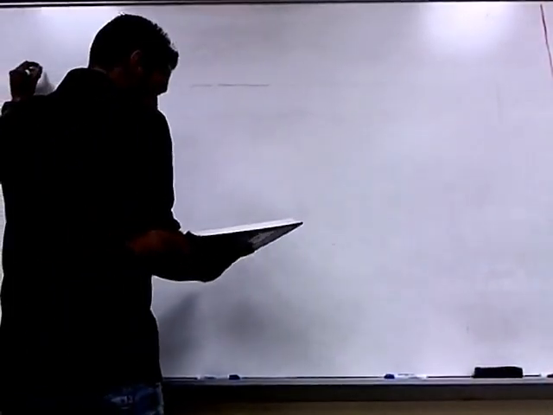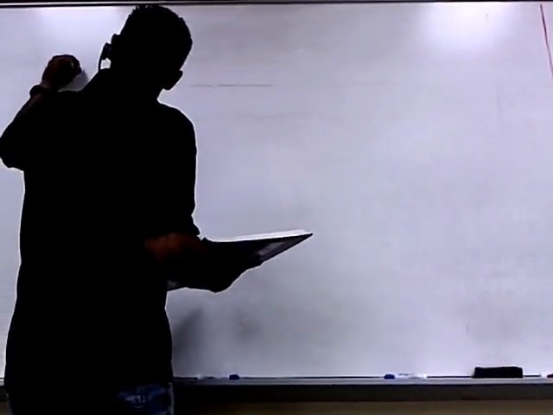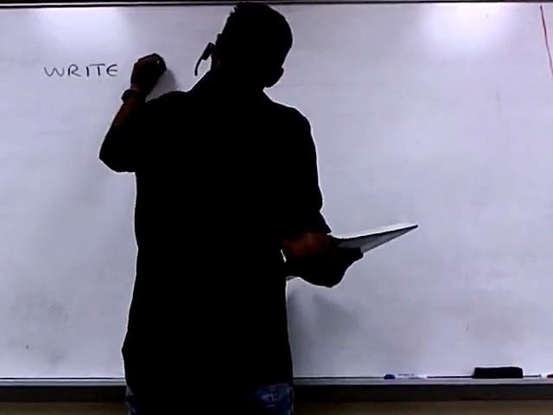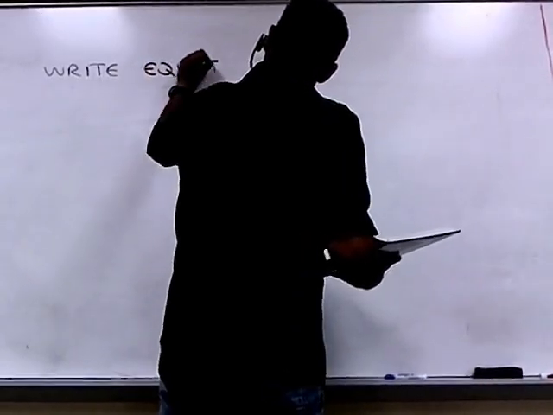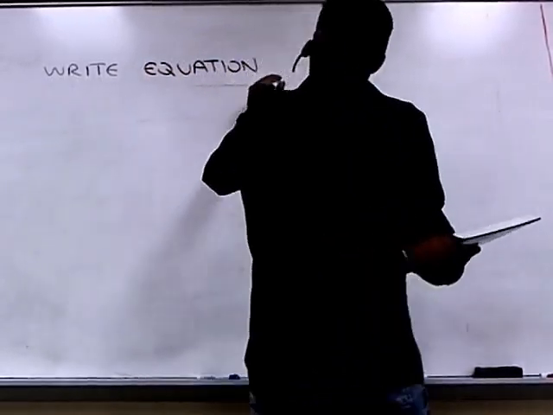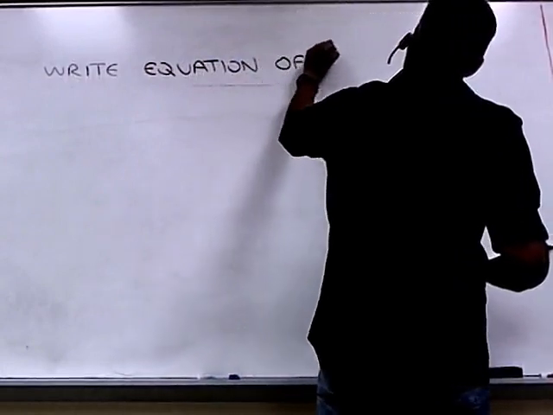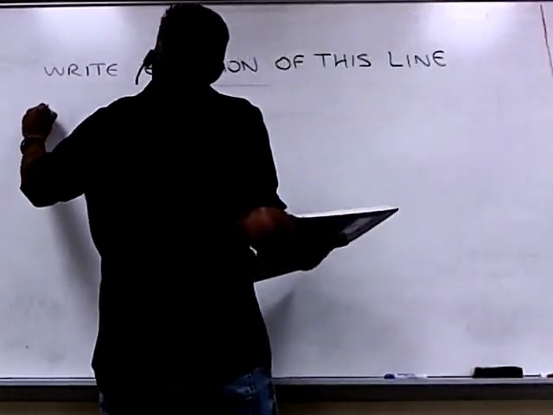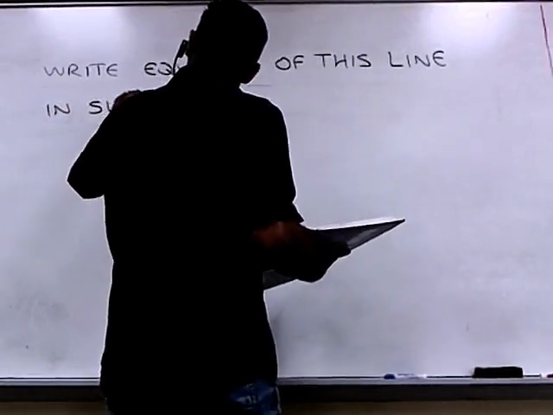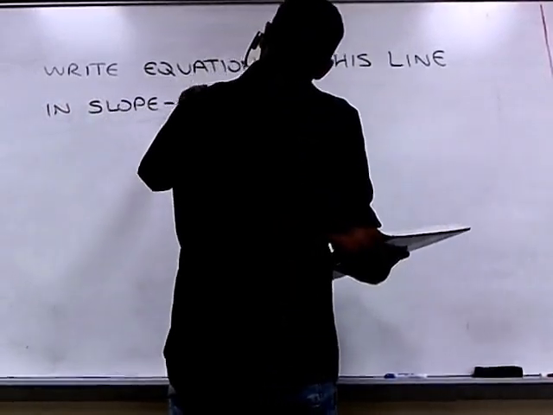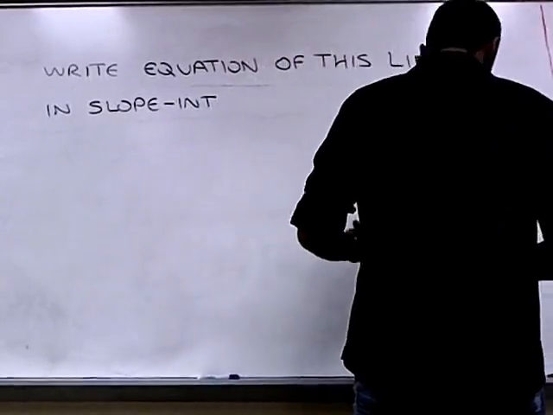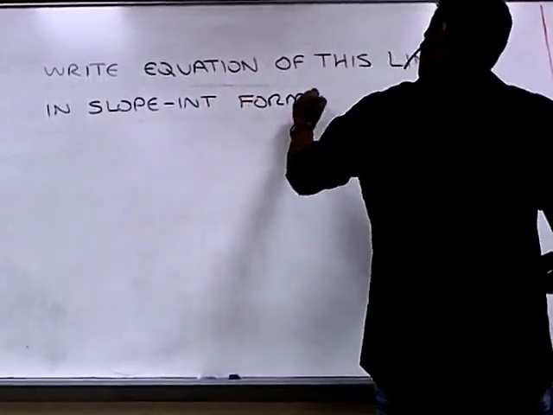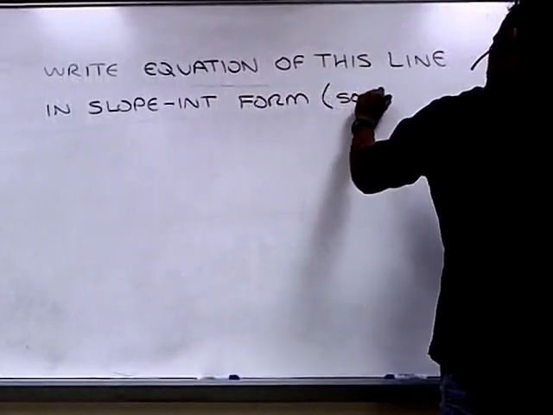First one I'm doing here says write the equation of this line in slope-intercept form. I'm just going to say slope-int form. Basically, that means you solve it for y.